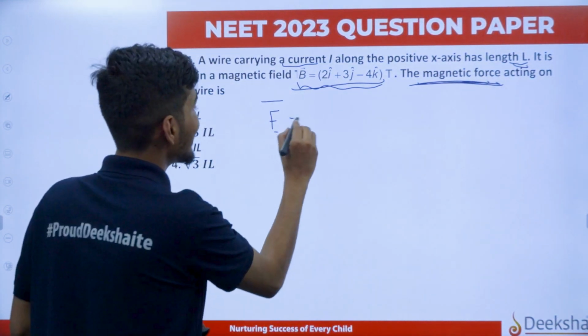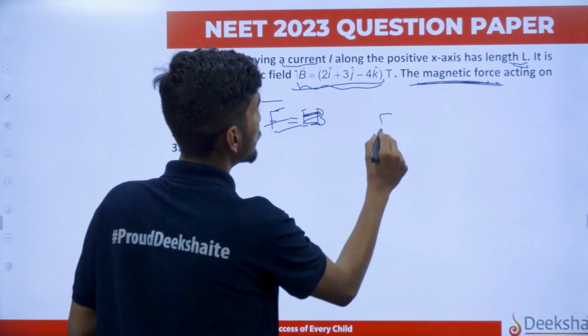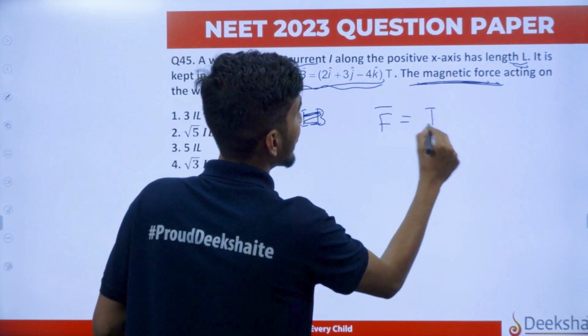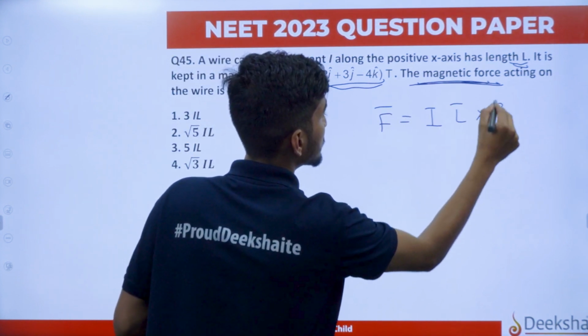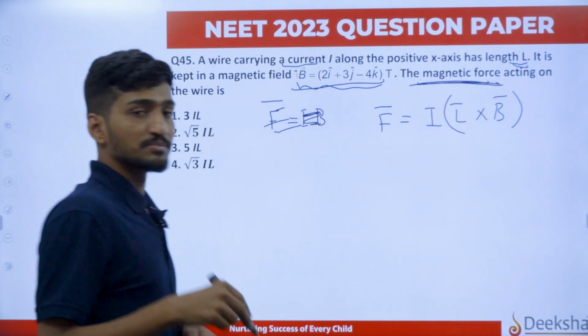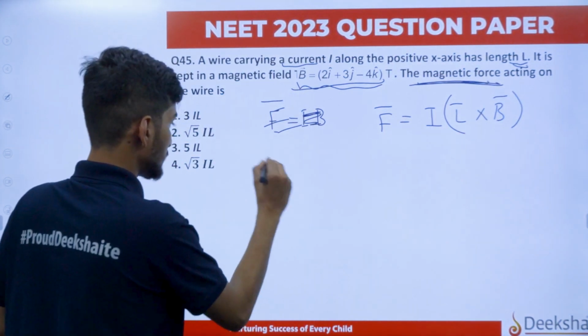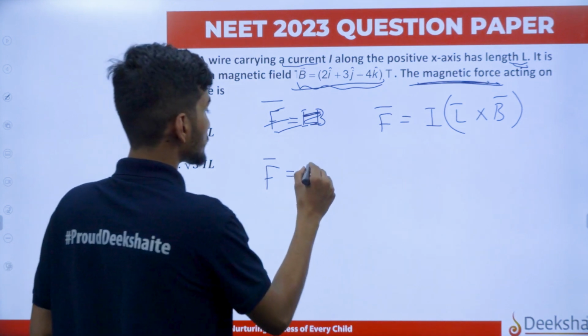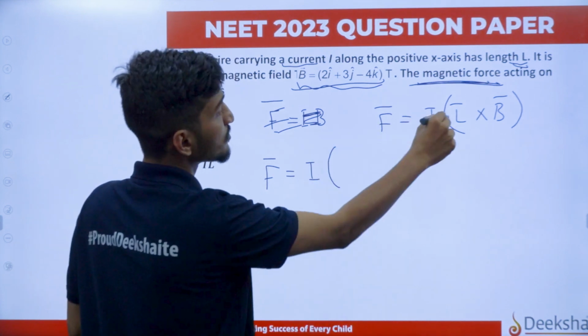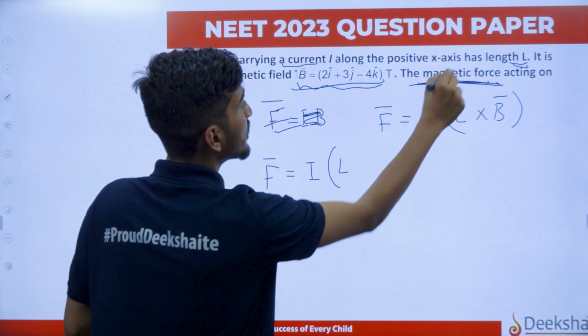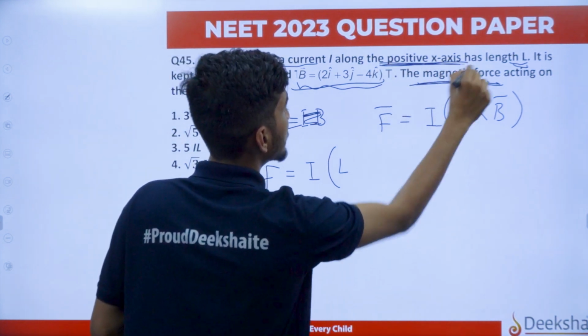What is that? The formula of force is I L cross B, isn't it? Okay, so force will be current into L, length is L, in what direction? In positive x direction.